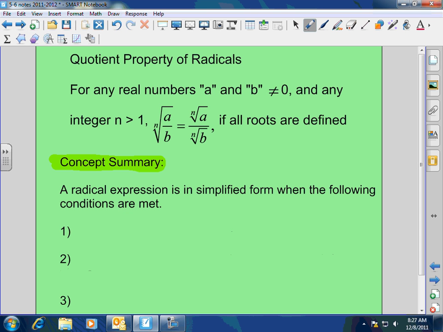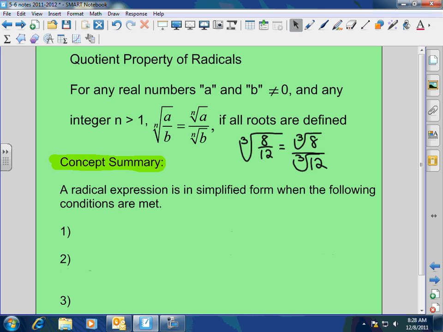If I have the cube root of, let's say, 8/12, this breaks down into the cube root of 8 divided by the cube root of 12. And we'll talk about simplifying that a little bit later in the lesson.